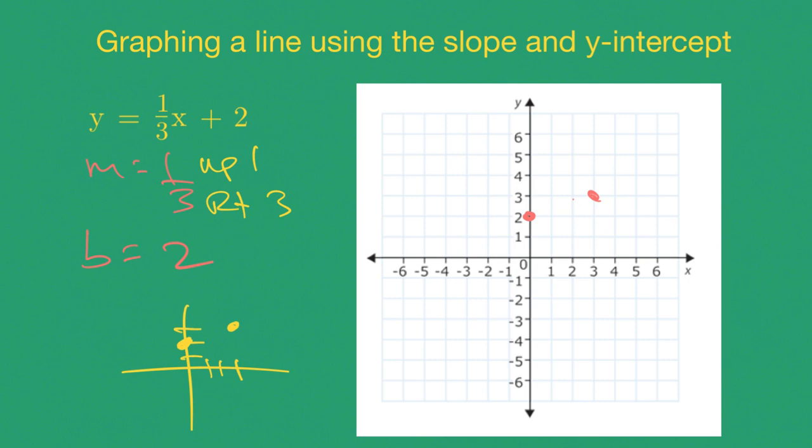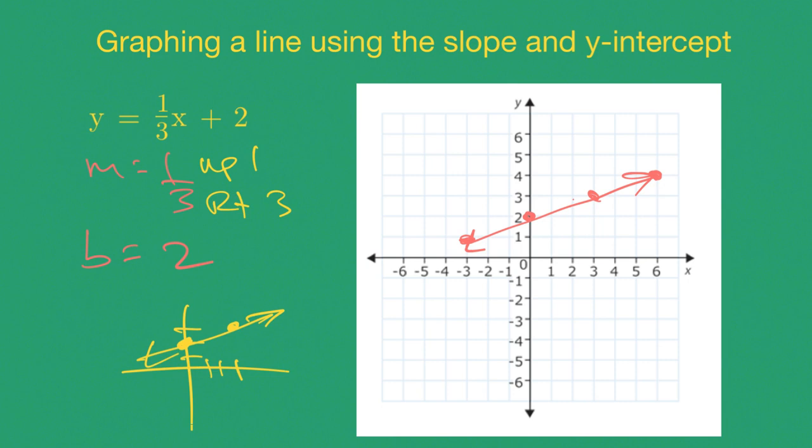Once you have at least 2 points, you're going to be able to draw a line through there. If you want to make more points, you can. From each one of those points, you can continue to go up 1, right 3, or down 1, left 3.